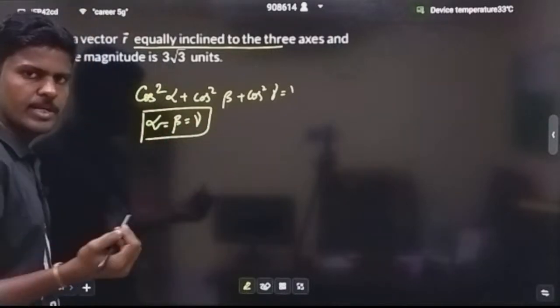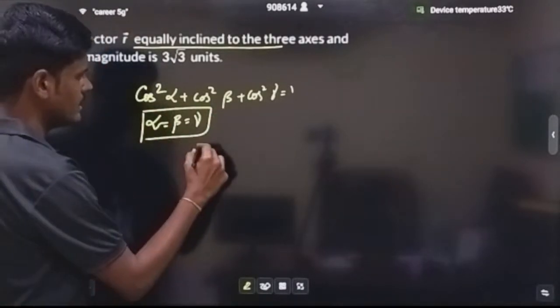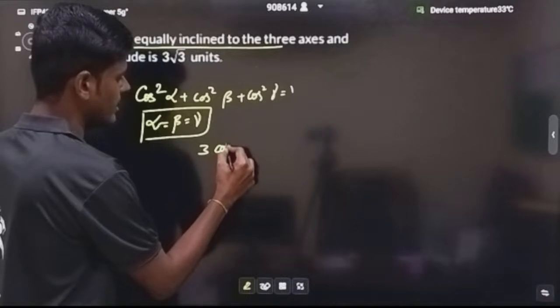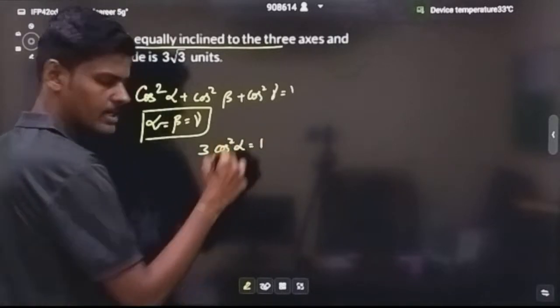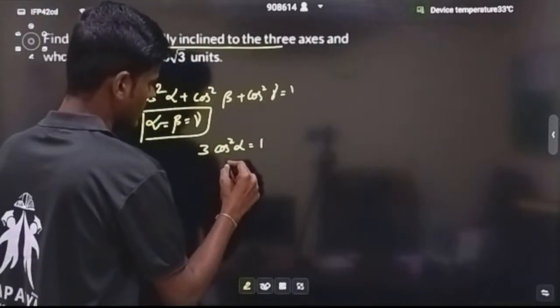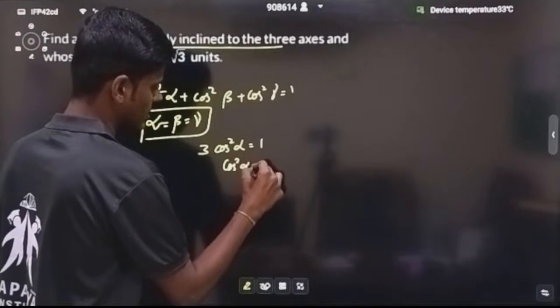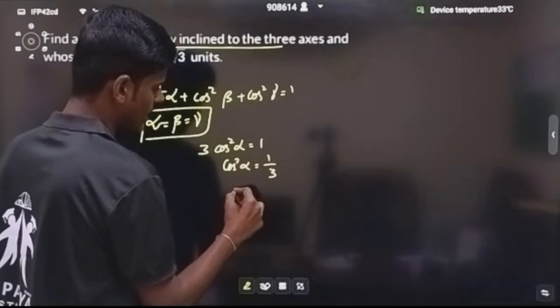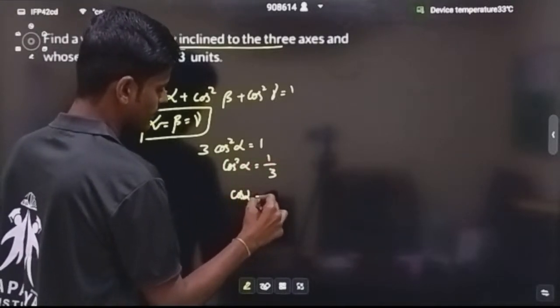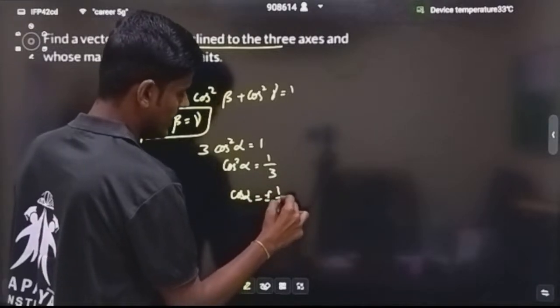Since vectors are equally inclined, that means we will get 3 times of cos square alpha equal to 1. That means cos square alpha is 1 by 3, or cos alpha equal to plus or minus 1 by root 3.